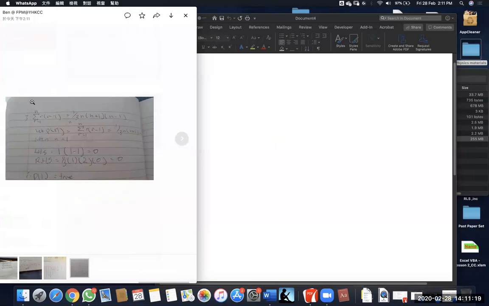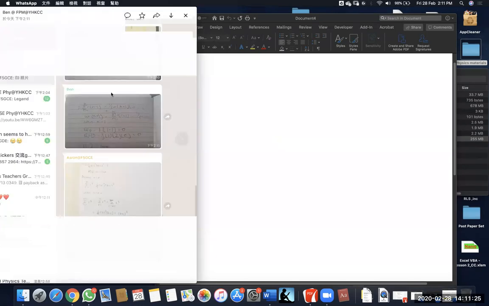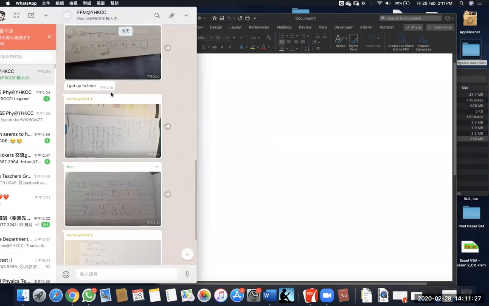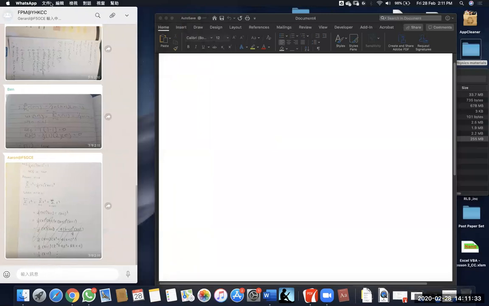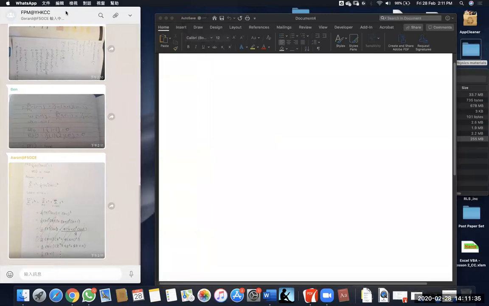Ben, where is the statement P? Please write the whole thing, okay? Write down everything you need to do this kind of question. You need to at least practice a few times before you can get marks in the public exam.